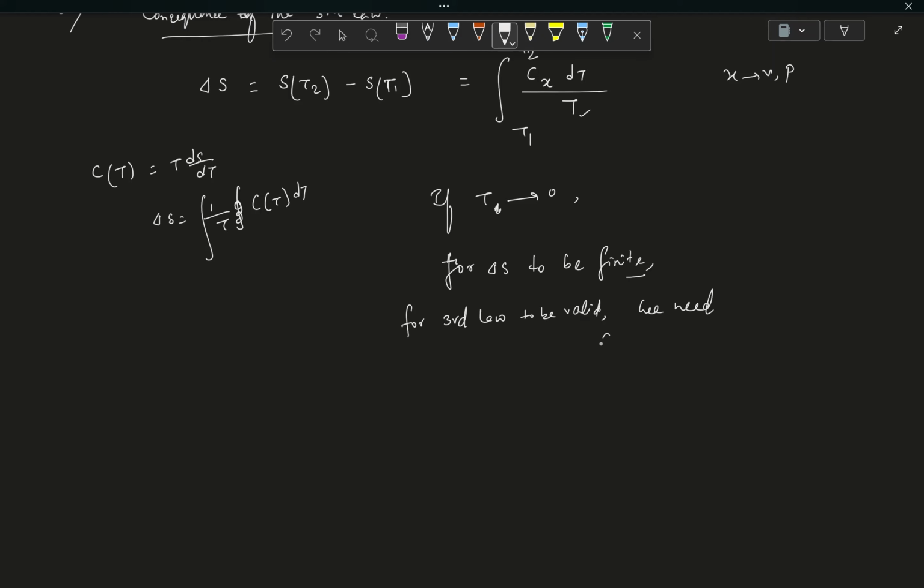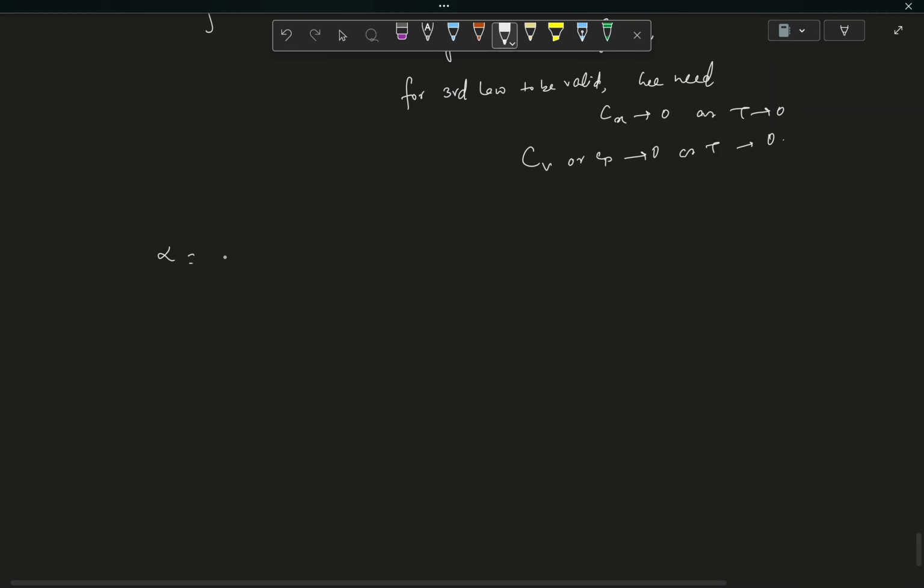Now we define another thing, which is this alpha. Alpha is the volume expansion coefficient, which is plus 1 by V del V del T at P constant.